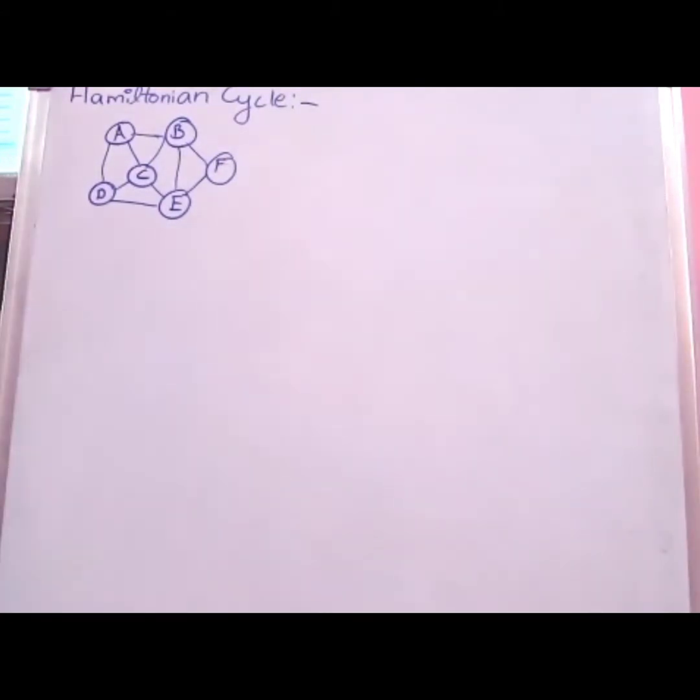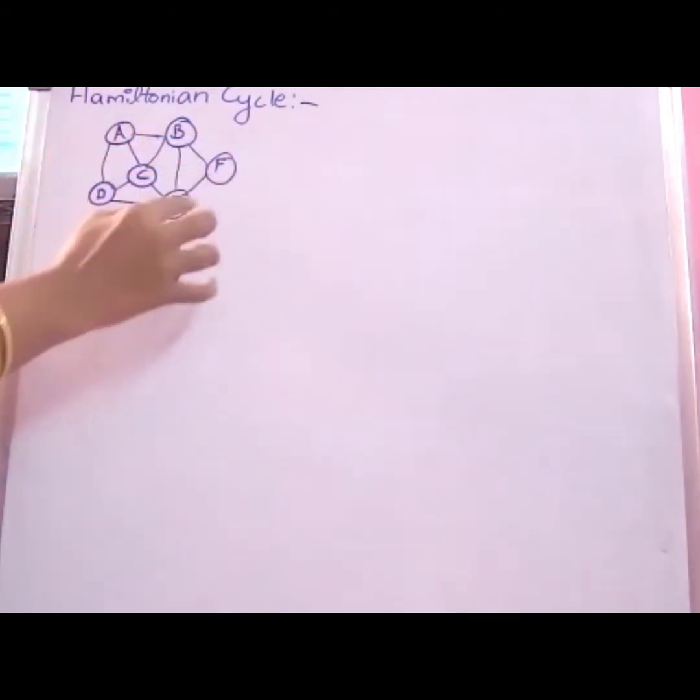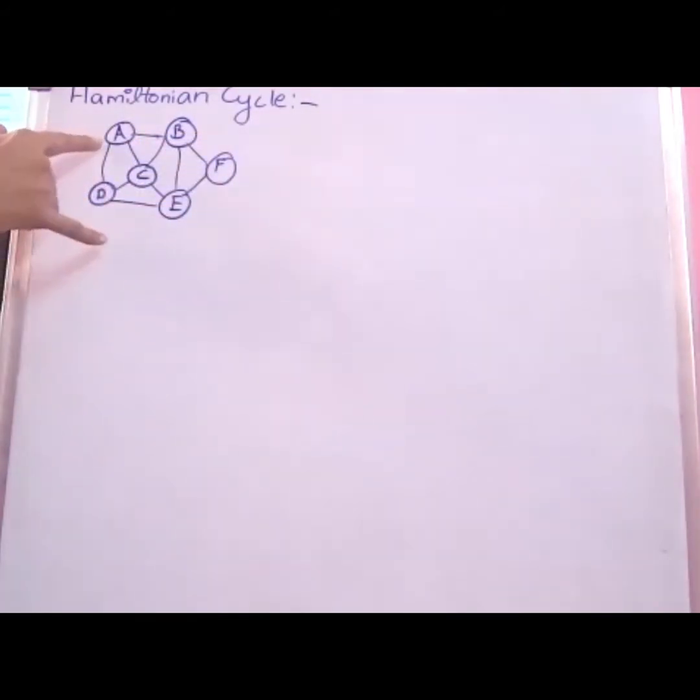If there is any path, any cycle, which covers all the vertices from the starting point to the ending point, that means we are visiting all the vertices and we are coming back to the starting point. Visiting all the vertices only once is the condition. If any cycle is present in any graph, we can call that a Hamiltonian cycle.